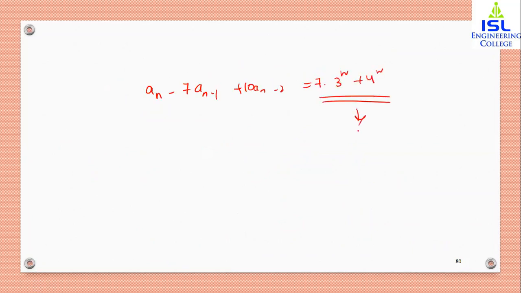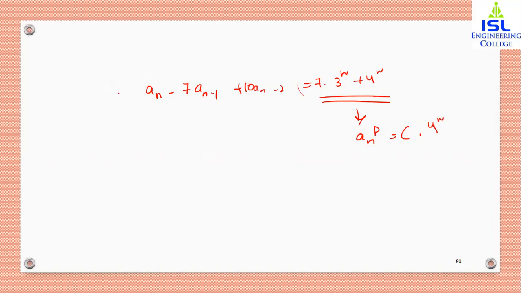For this, you have to guess a n of p. We know a n of p from the earlier example for 7 into 3 power n. For 4 power n, you have to take c into 4 power n, then substitute it in this and get the result.